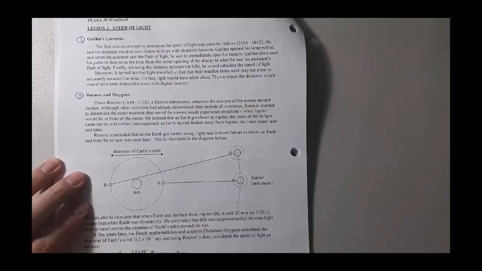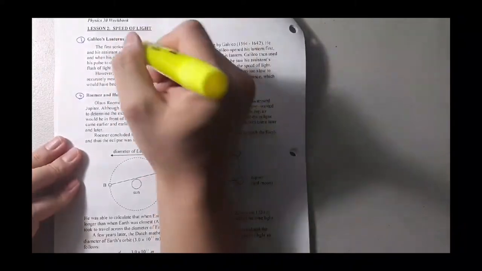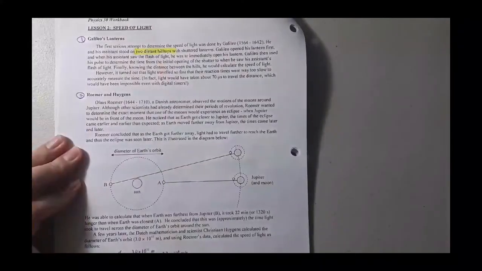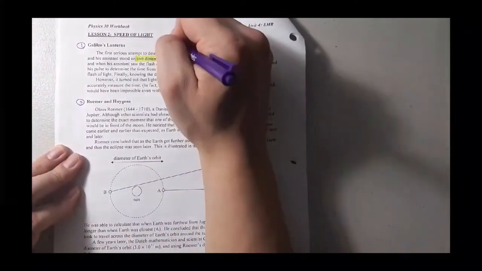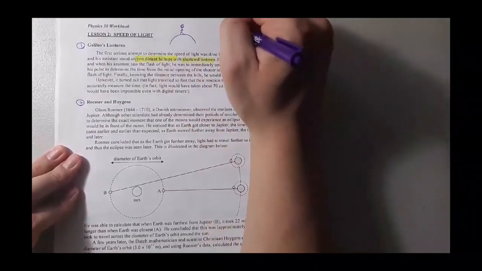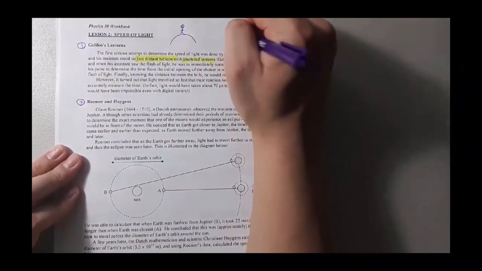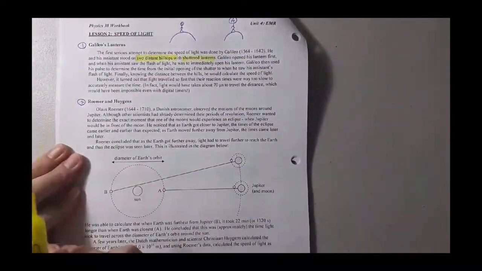So, in the late 1500s to early 1600s, he and his assistant stood on two distant hilltops, basically, with lanterns with shutters. If I draw that situation, here's Galileo, here's the assistant, and they are pretty far away, of course.